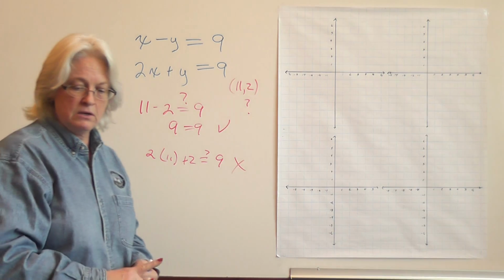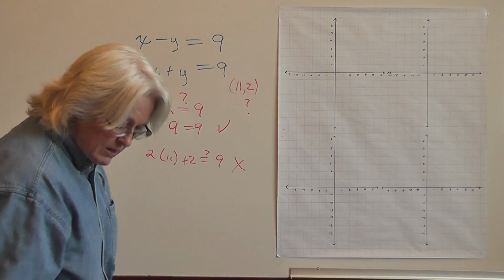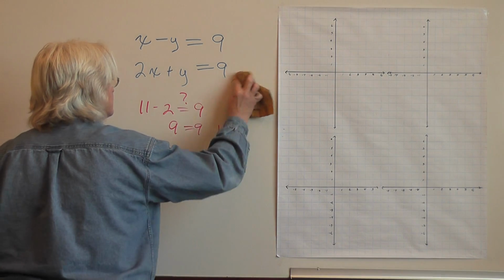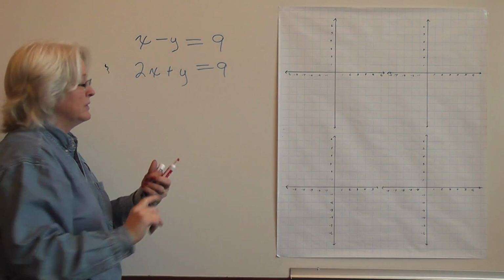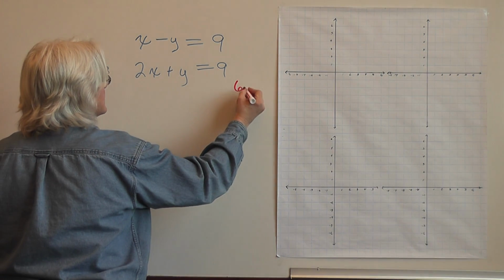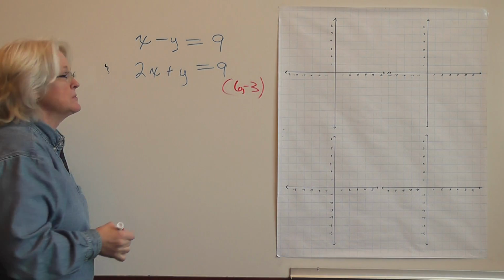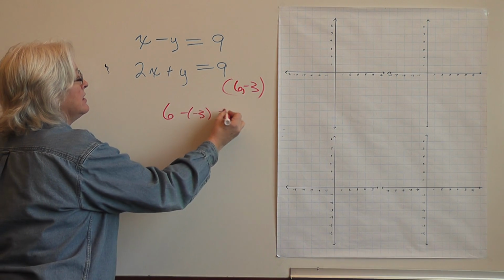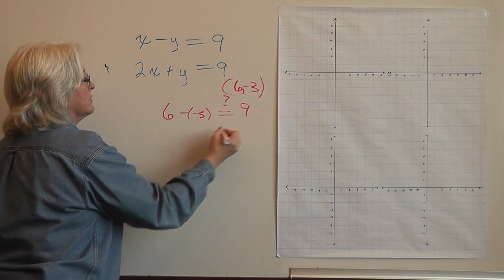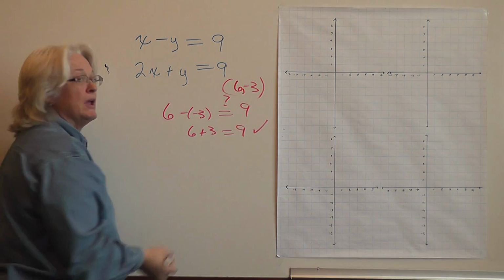So, let's see what we can do now. Let's see if perhaps the ordered pair (6, -3) is a solution to this system of equations. What happens if we substitute this in? 6 minus a negative 3, is that equal to 9? Yes.